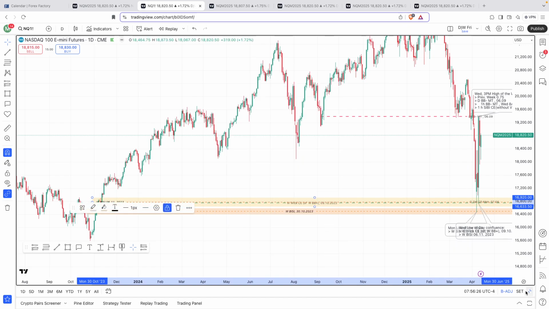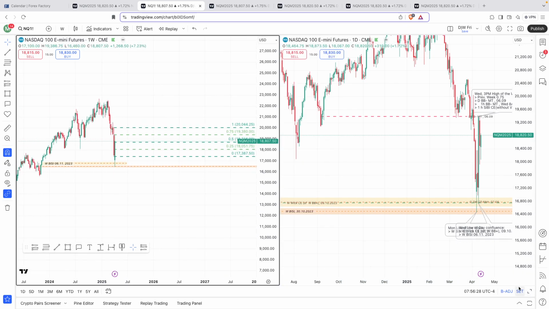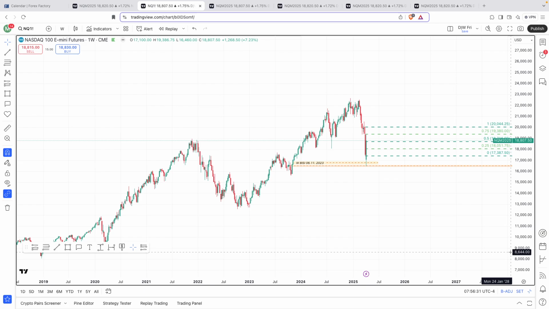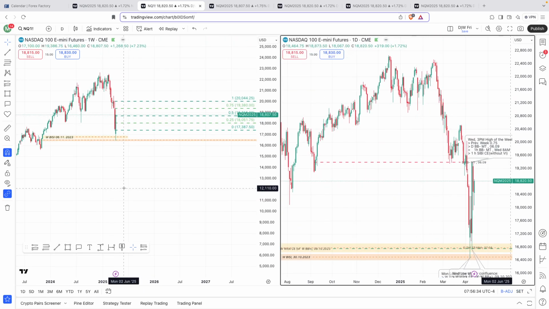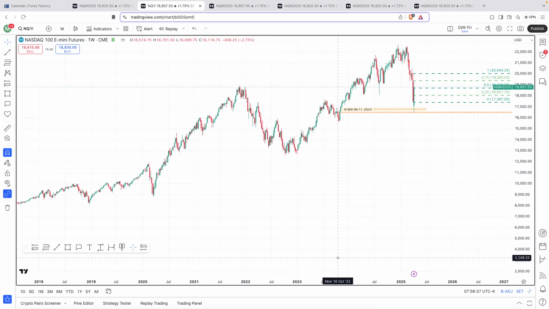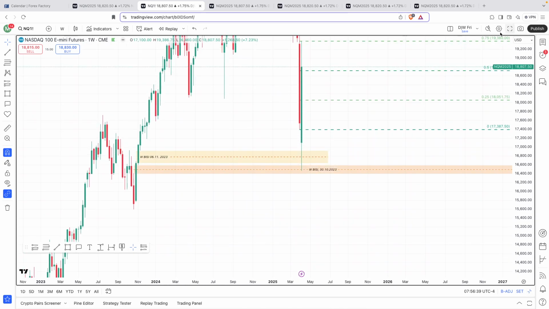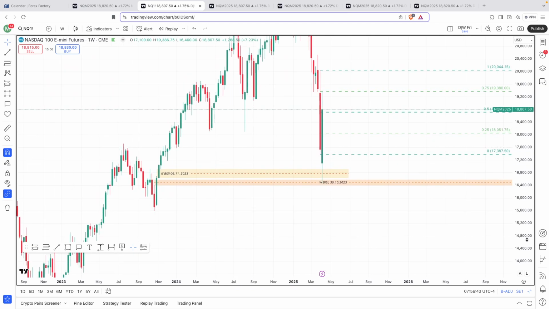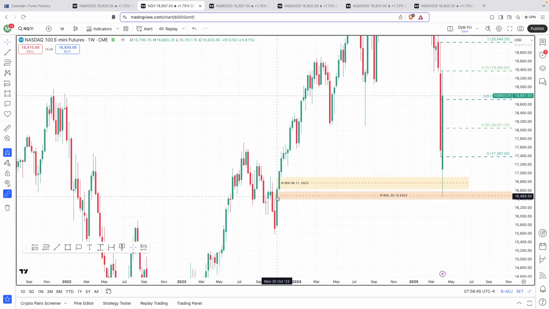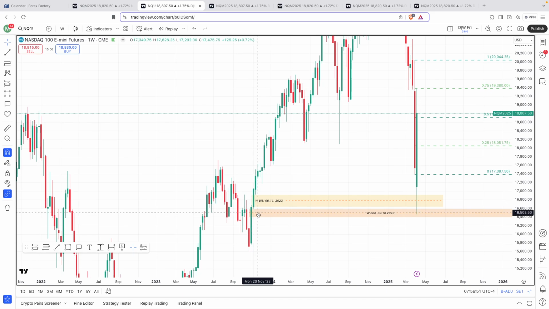Also weekly. Okay. So if we look at the weekly chart over here, this was last week's price action. And we see how we have this fair value gap if we look at 30 of October 2023, and then we have this fair value gap.